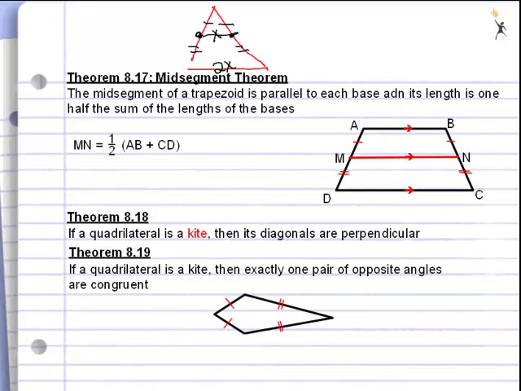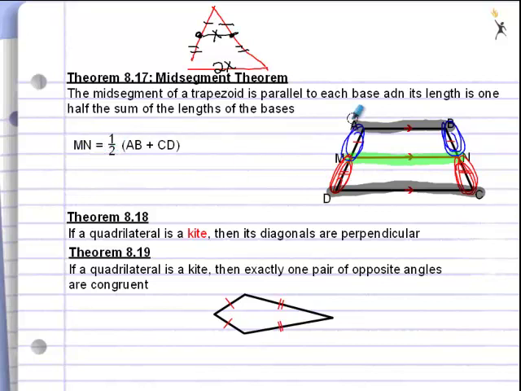What the trapezoid mid-segment theorem says is that if you connect two points on two sides, where this segment and this segment are congruent, and this segment and this segment are congruent, you can say the top plus the bottom divided by 2, or times 1/2, gives you your mid-segment.